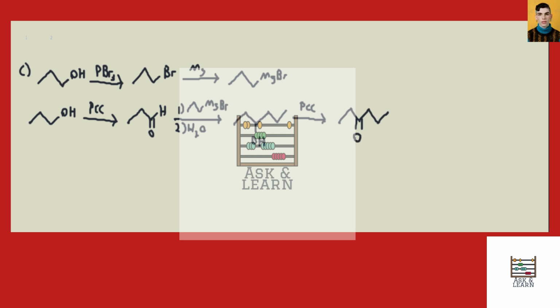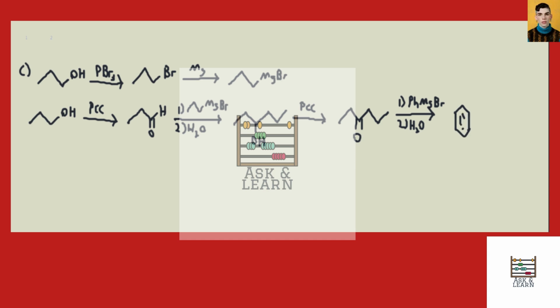Okay, and so now we have this ketone, and this ketone can actually serve as the substrate that we need. So we're going to use the phenylmagnesium bromide that we made in A yet again. Water workup, of course. And so that's going to get us to our final product for C here.